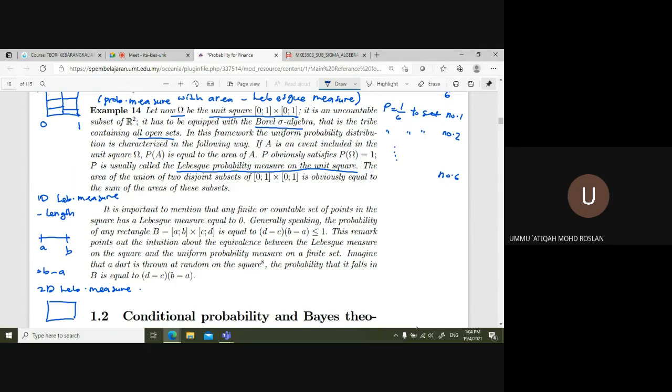So for an area with sides A, B and C, D, the measure will be (B minus A) times (D minus C). And in fact, in higher dimensions like 3D, you compute a volume. So I think that's all for now. Thank you very much.